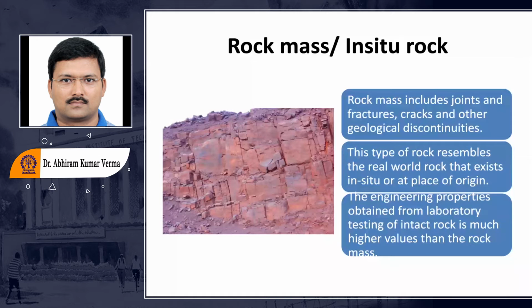We can find it out, and those results will be useful for the design purposes, because all your actual design of slopes or openings or tunnels is being created within the rock mass only.